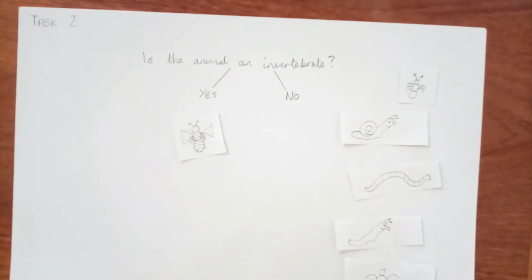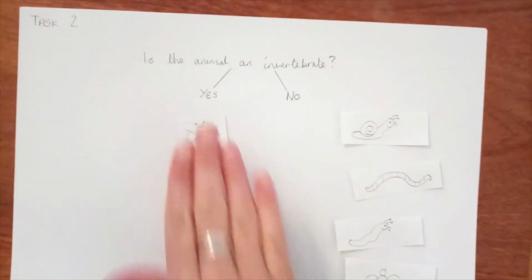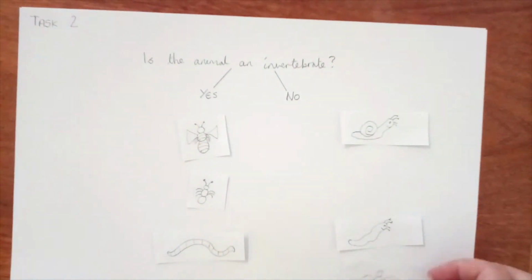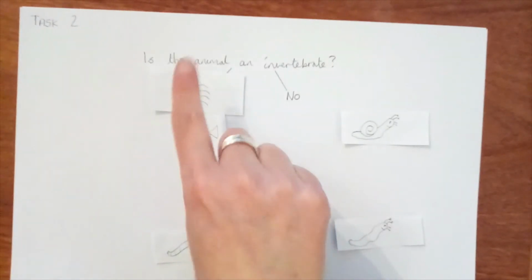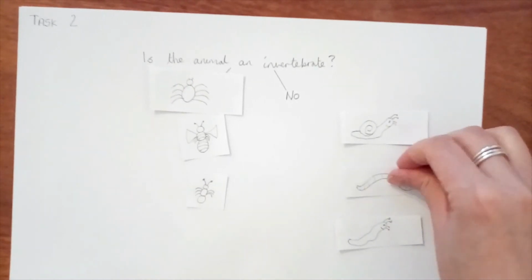I could sort them out into those animals that are insects and those that aren't insects. I could sort them out into those that are mollusks and those that aren't mollusks. So there's lots of ways I could sort these animals out. What I'm going to do is sort them out according to their legs.